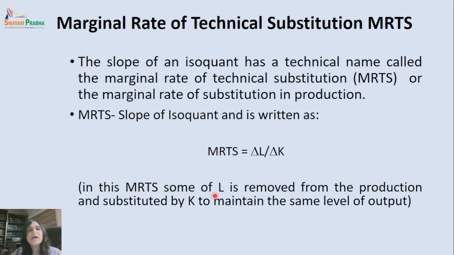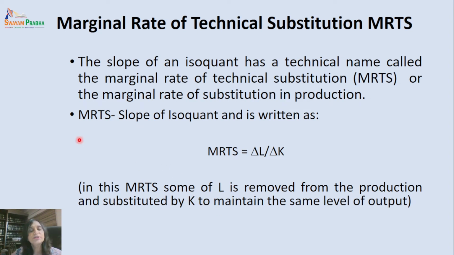If some amount of labor is removed from the production, then it has to be substituted by capital to remain at the same level of output. So for a reduction in labor of 1 unit, how many units of capital do I have to increase? That is measured by your MRTS.